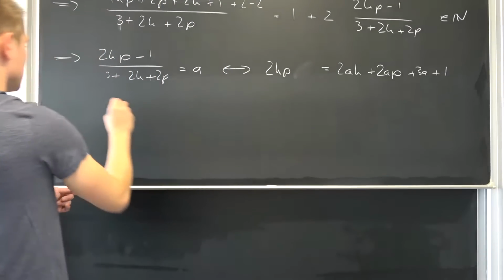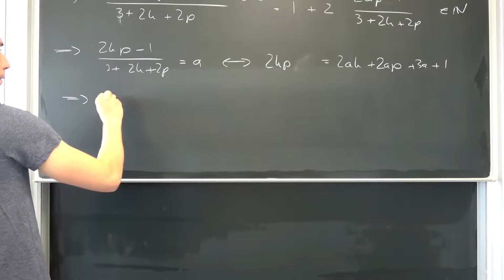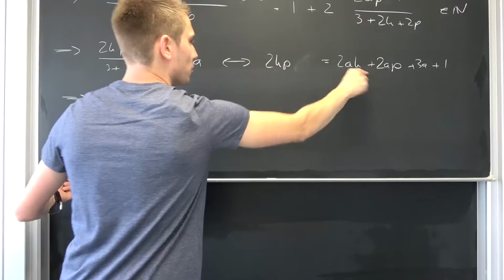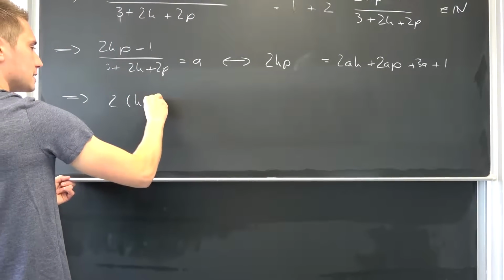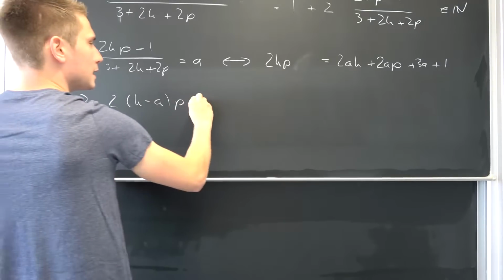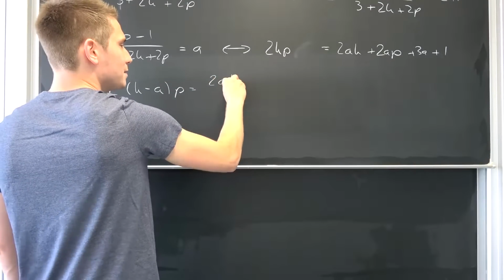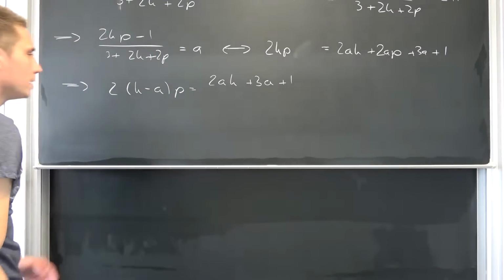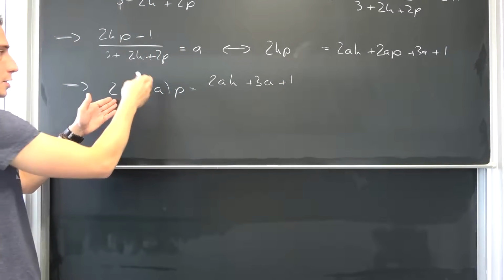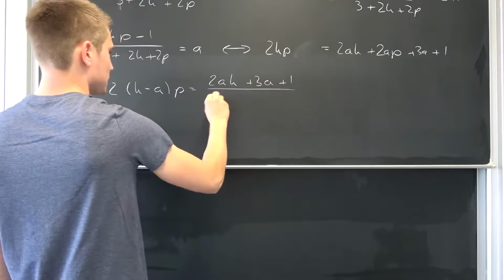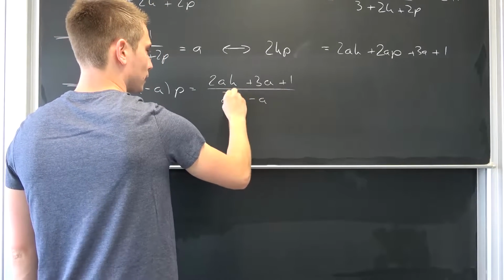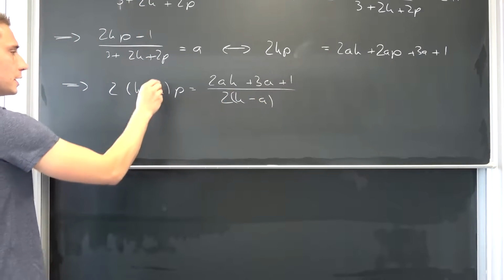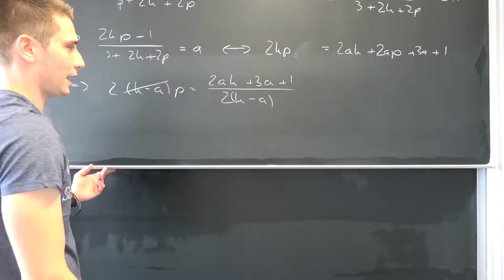Okay, I hope you can see where this comes from, meaning we have 2 as a common factor, k minus a times p is equal to 2ak plus 3 times a plus 1. We can divide both sides by this term under the condition that it's not equal to 0, meaning k must be strictly greater than our a.